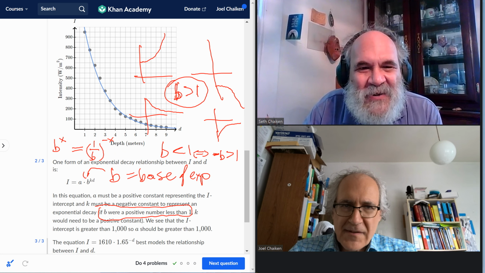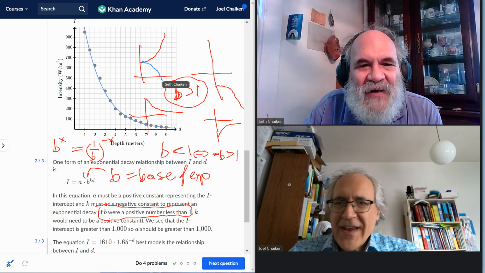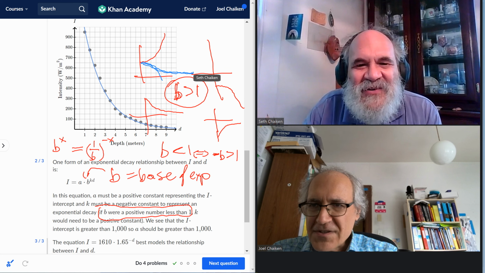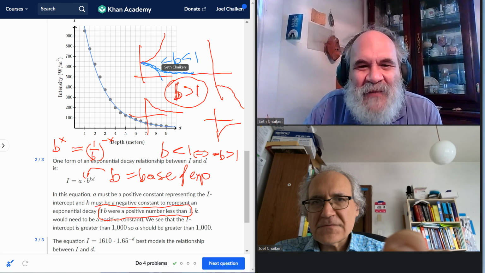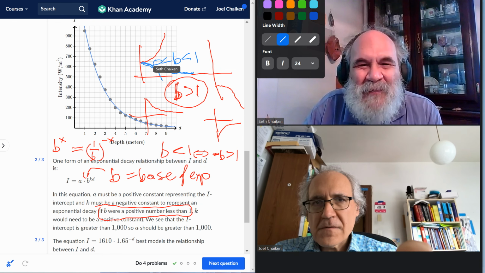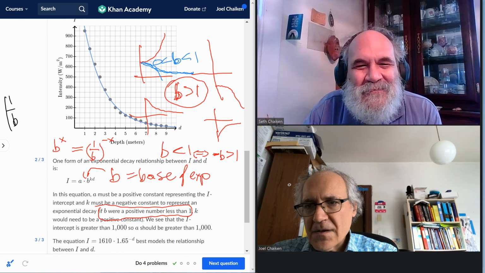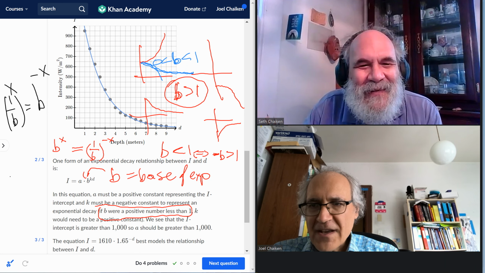We have this situation when B is less than 1, and of course greater than 0. Wait a second. 1 over B to the X is the same as B to the minus X. That's a better way of thinking about it.